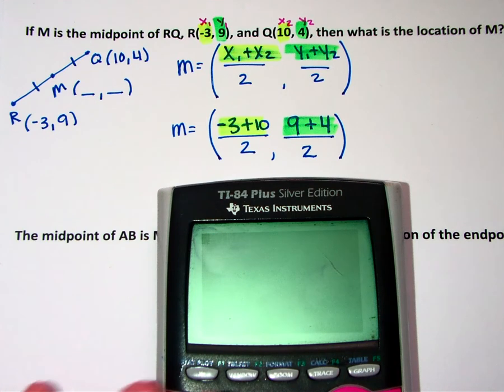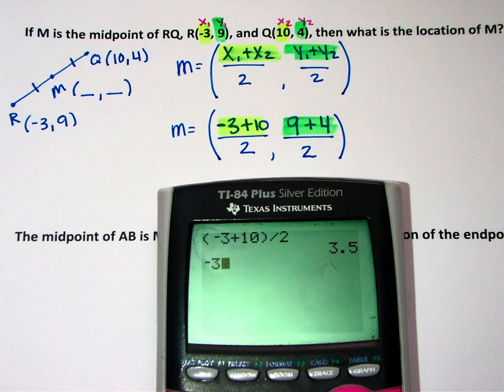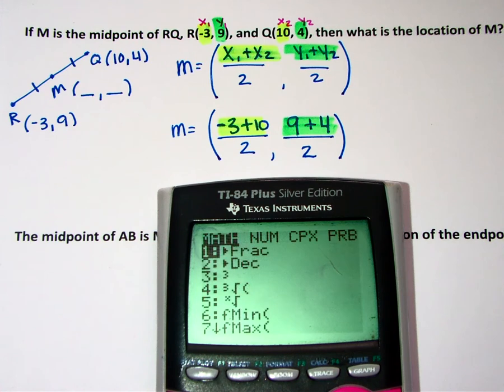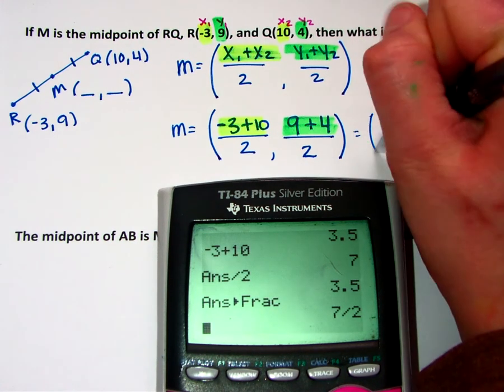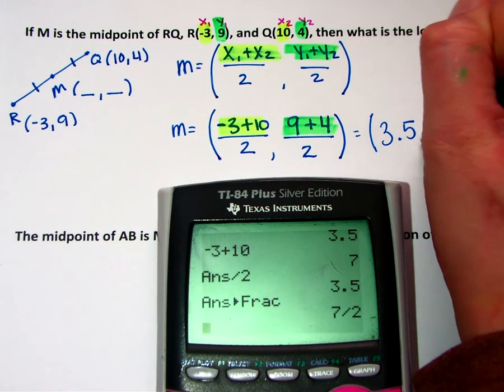So the correct way to do this is to put the numerator in parentheses, then divide it by 2. Or you can do the top first and then do answer divided by 2. Both of those options are correct. So I'm going to leave it as 3.5, or math enter changes it to a fraction. I'm just going to go ahead and leave it in decimal form as 3.5.